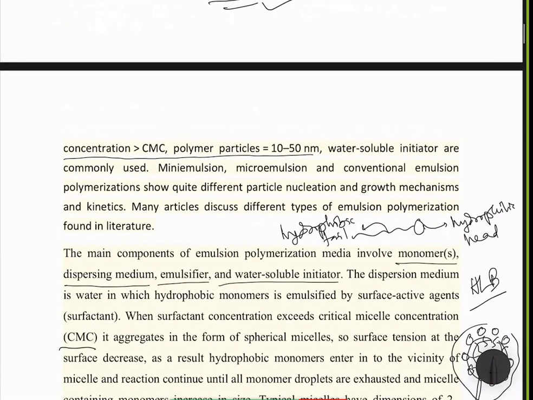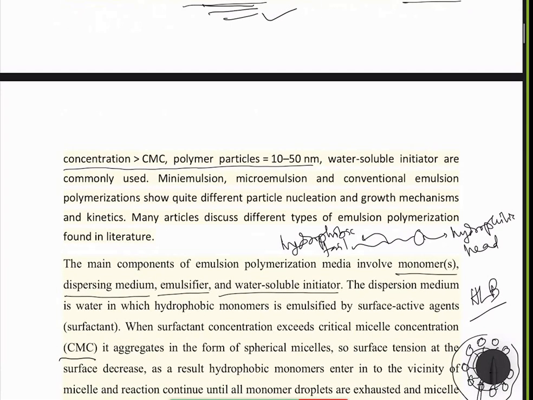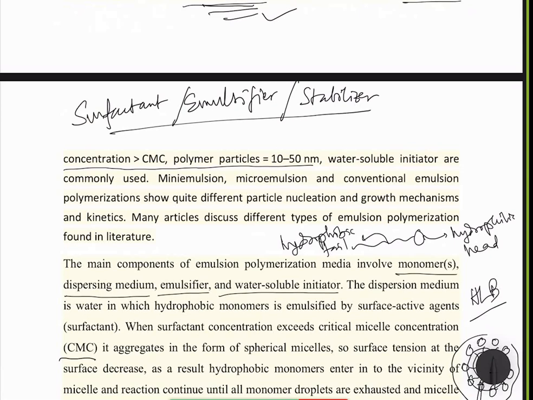Now we were mentioning this surfactant or your emulsifier, or what we call a stabilizer for emulsion. Now these have the major role in defining whether the process is a conventional emulsion, or a mini emulsion, or a micro emulsion.